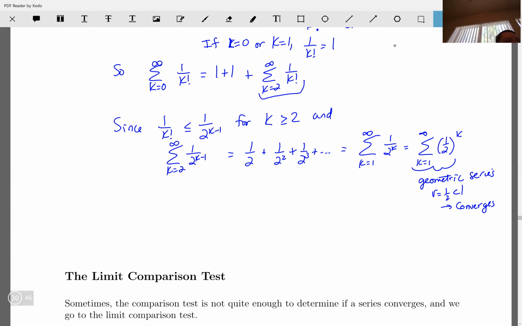Adding the two terms doesn't do anything to us. So that also converges. And so our original series also converges. I don't know what the so is for.